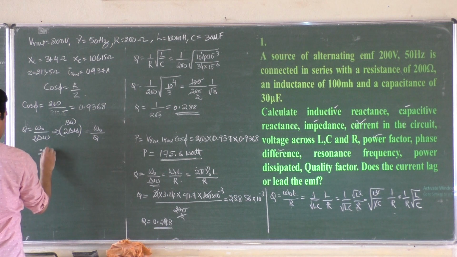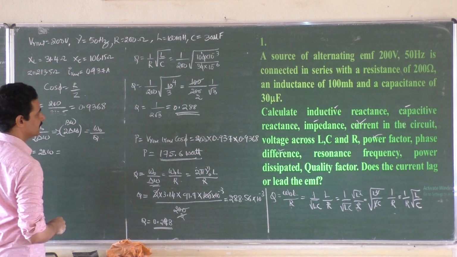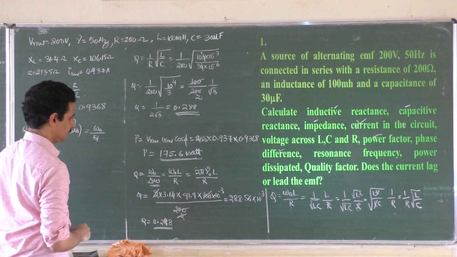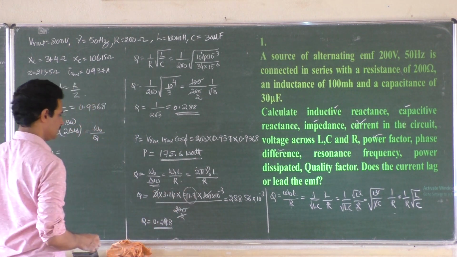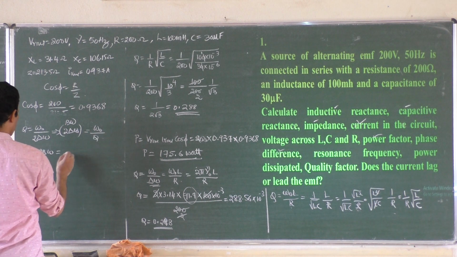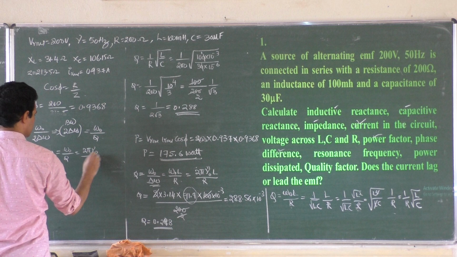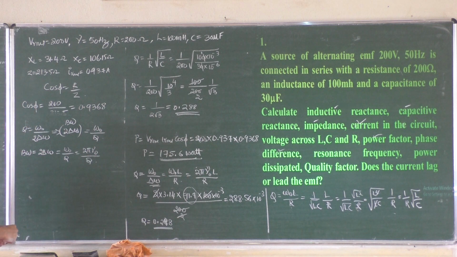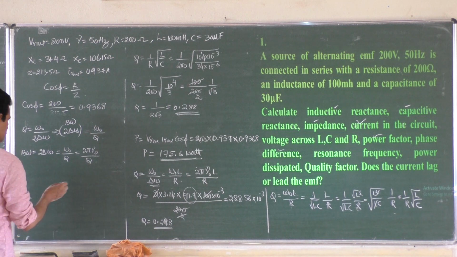What is omega naught? 2 pi nu naught. Here we have substituted 2 pi nu naught, right? So omega naught by Q, 2 pi nu naught by Q, correct?